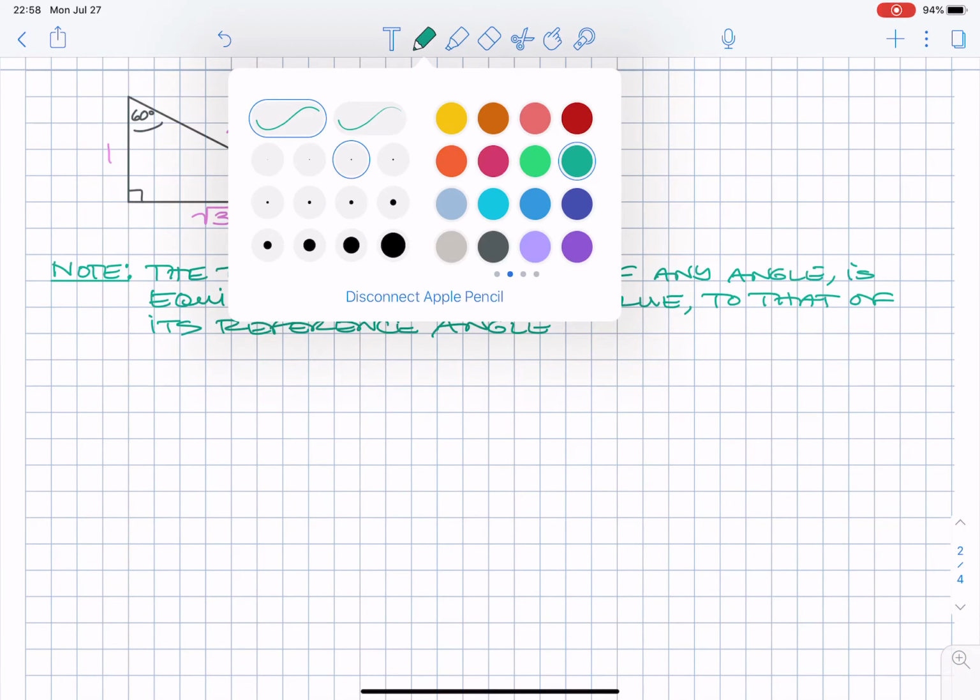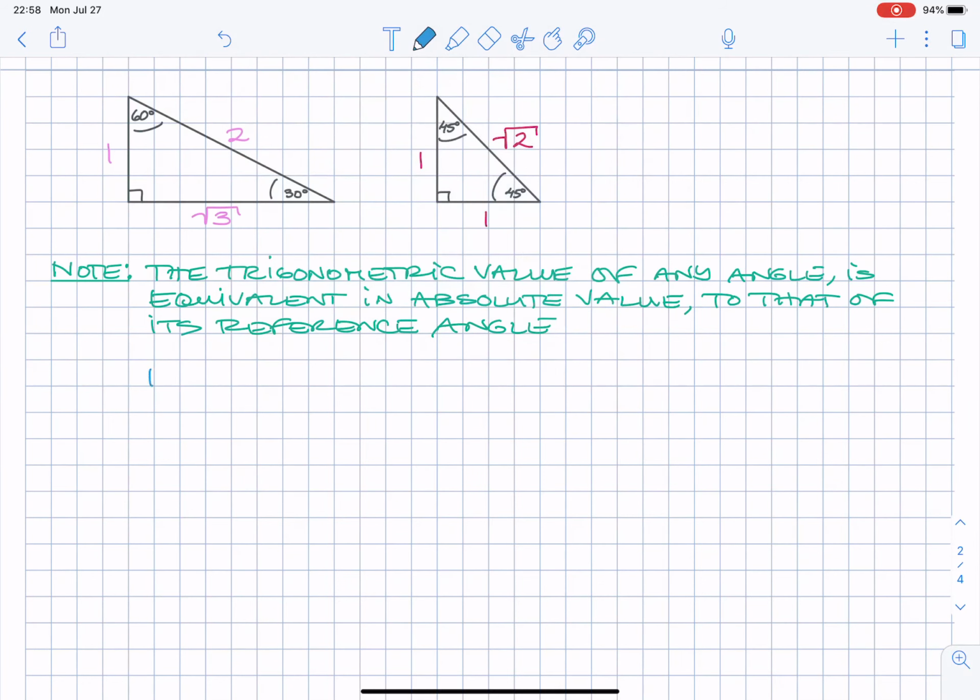That is, we can evaluate the trigonometric functions at the reference angle, and of course I'll do an example in a moment.